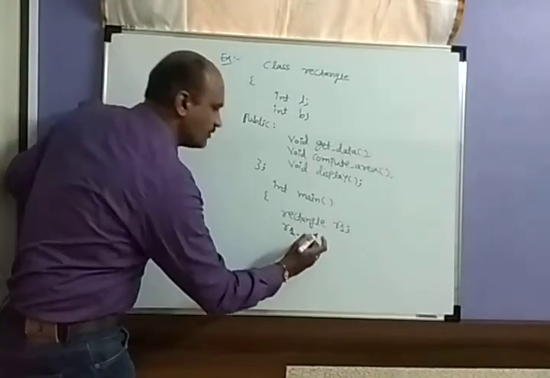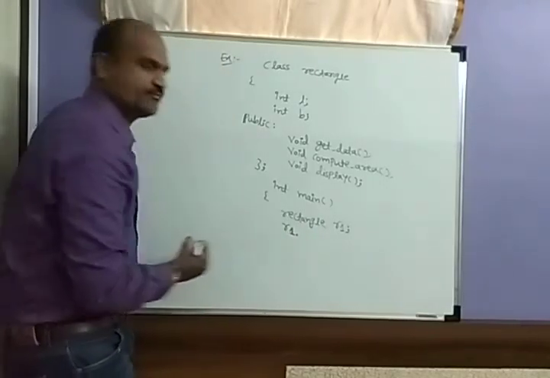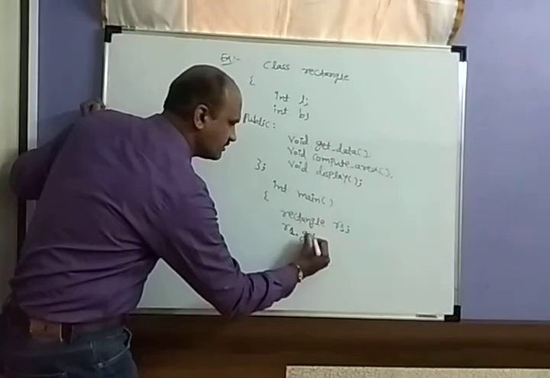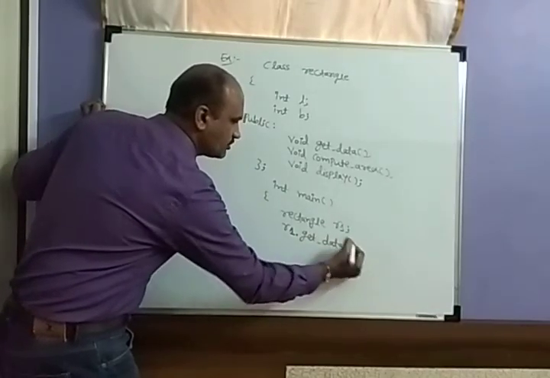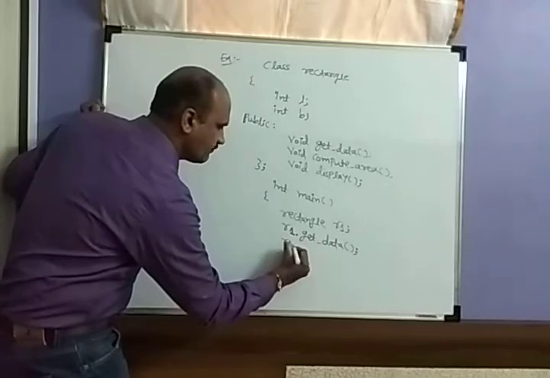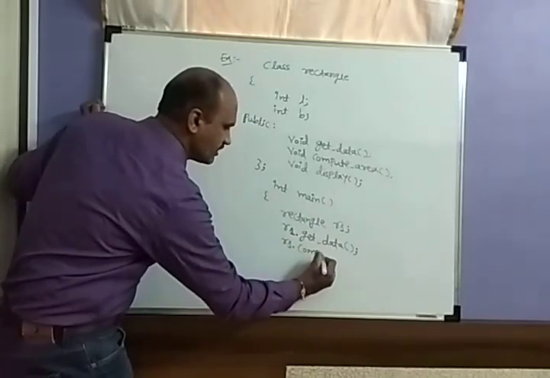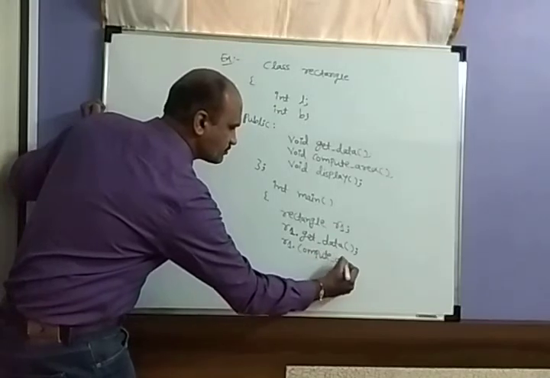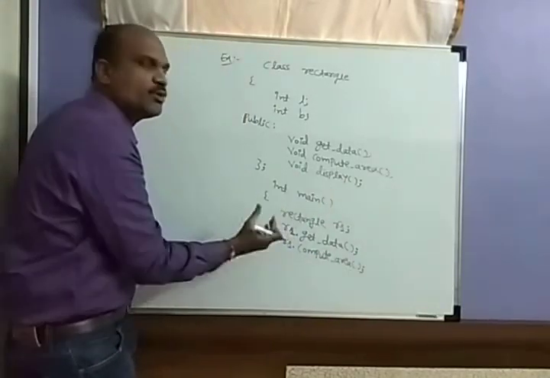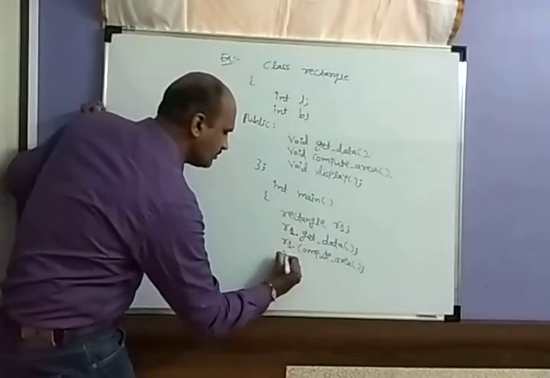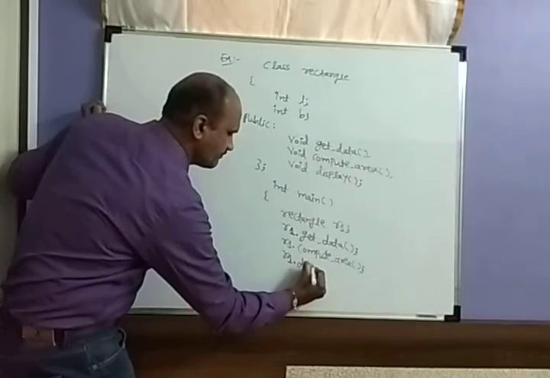Get data is one function, then compute area, and then R1 dot display.